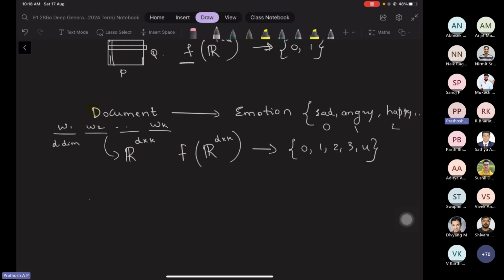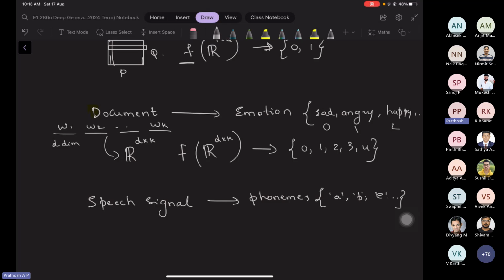Another example. Let's say that you have a speech signal. Okay, what you want is a set of phonemes. So what are these phonemes? I'm talking about a, b, right, or e, and all these things.